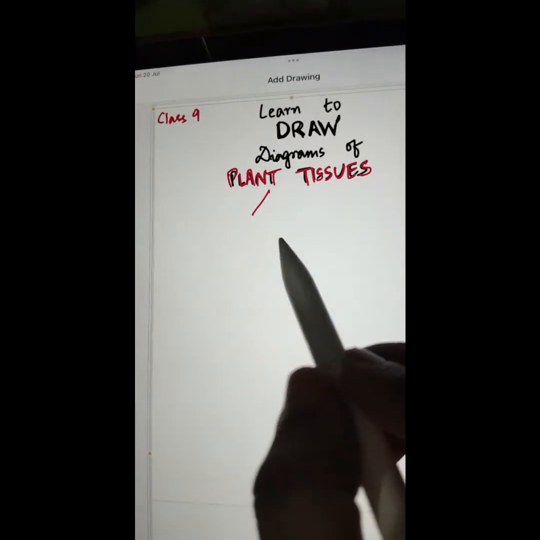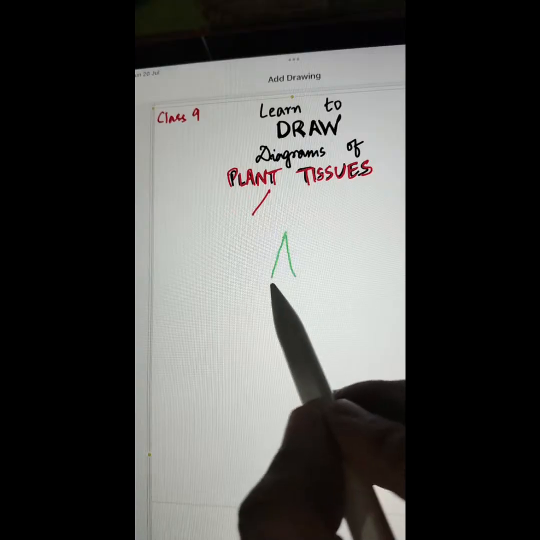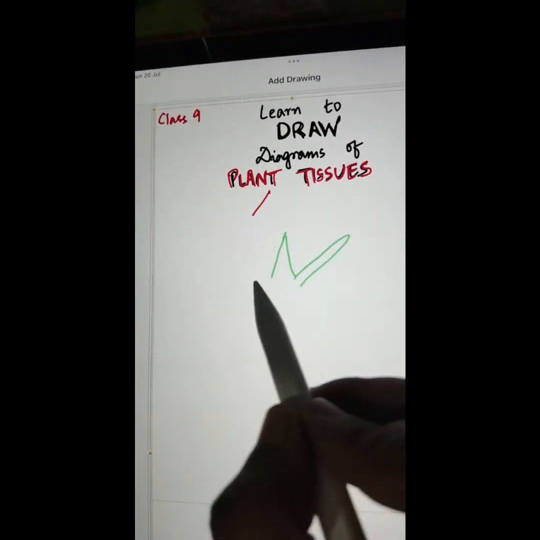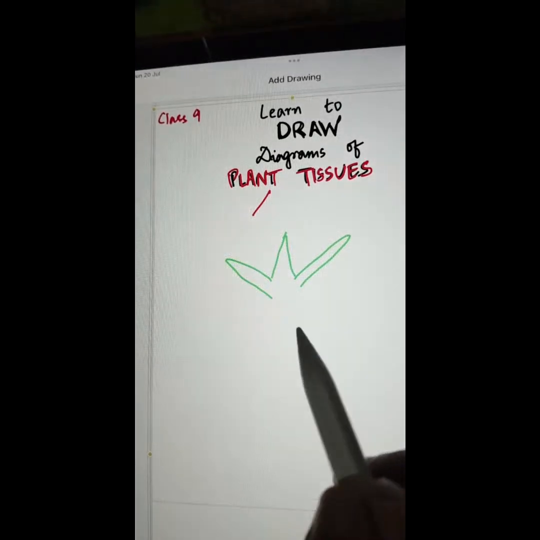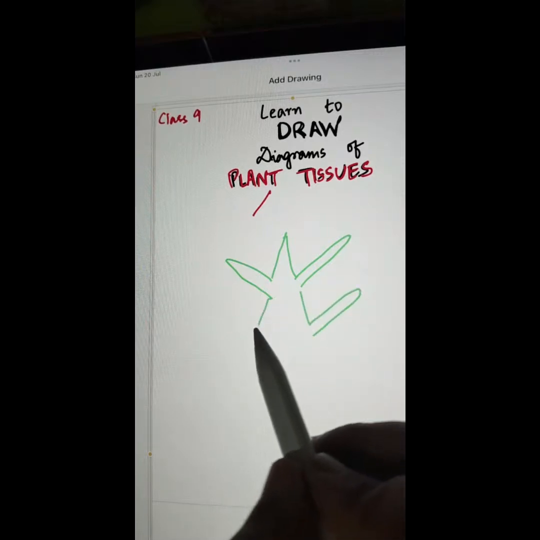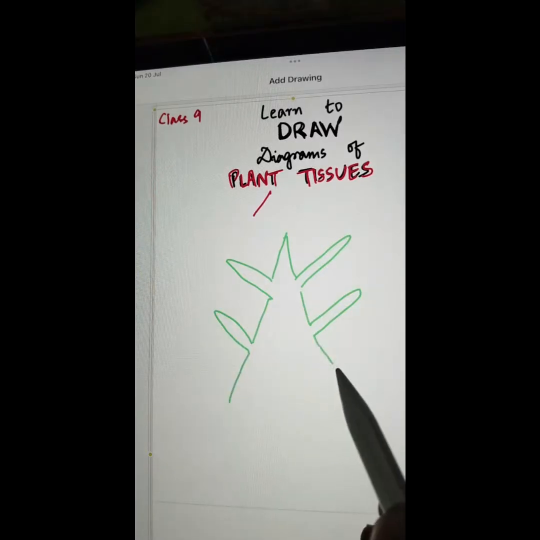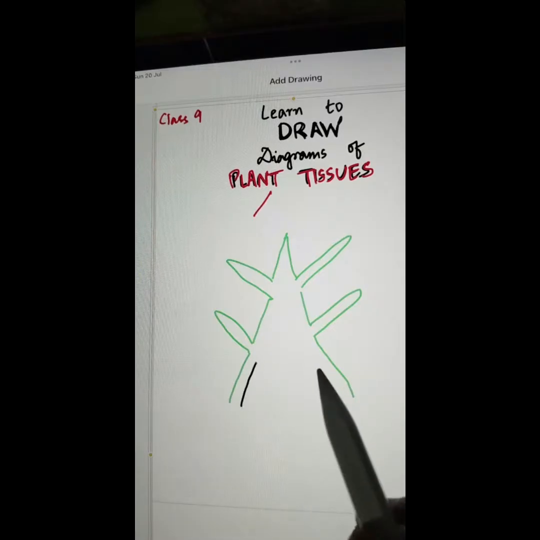So suppose if this is the plant and these are the branches. This chapter must be coming in half yearly. You must go ahead with this diagram because most of the times it is being asked.